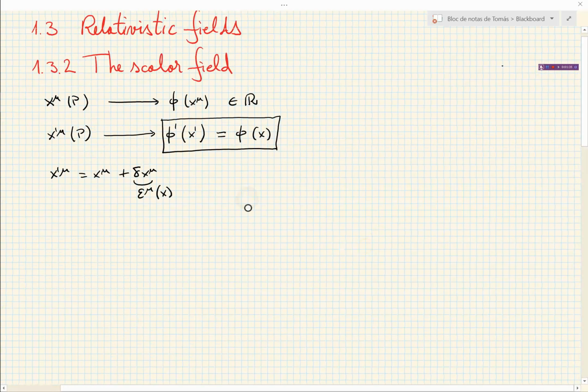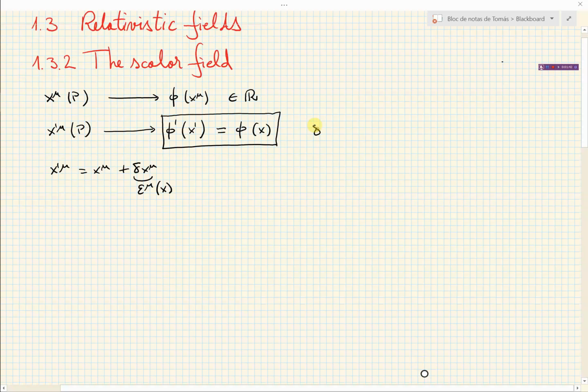Then under this transformation you can study two kinds of transformations of the field. This total transformation, which will be the total change φ'(x') minus φ(x), and that for this scalar field is just 0 because of this transformation rule, or δφ without tilde, which is φ'(x) minus φ(x).